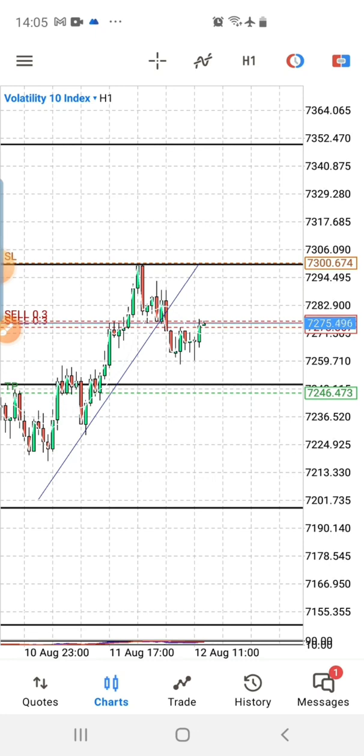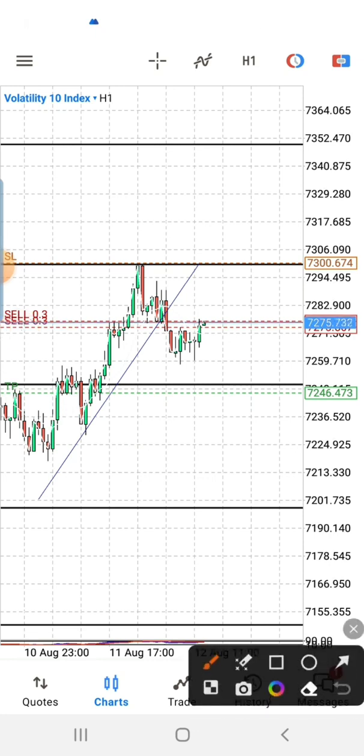Your target is going to be the next psychological level to the downside. Now if you look here, the breakout happened in the middle of the market. That's why you are seeing it's a kind of 1:1.